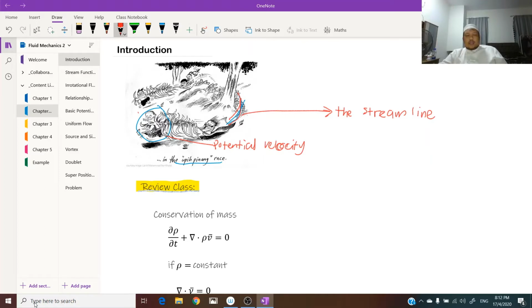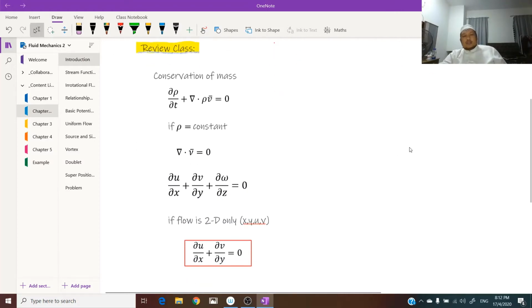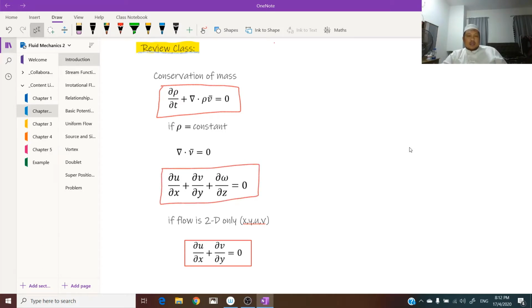All right, before we start, we should review a little bit what the previous class already studied, the conservation of mass. Everybody knows that the conservation of mass is given by these equations, or we can write it in the three-dimensional form like this: ∂u/∂x + ∂v/∂y + ∂w/∂z = 0.